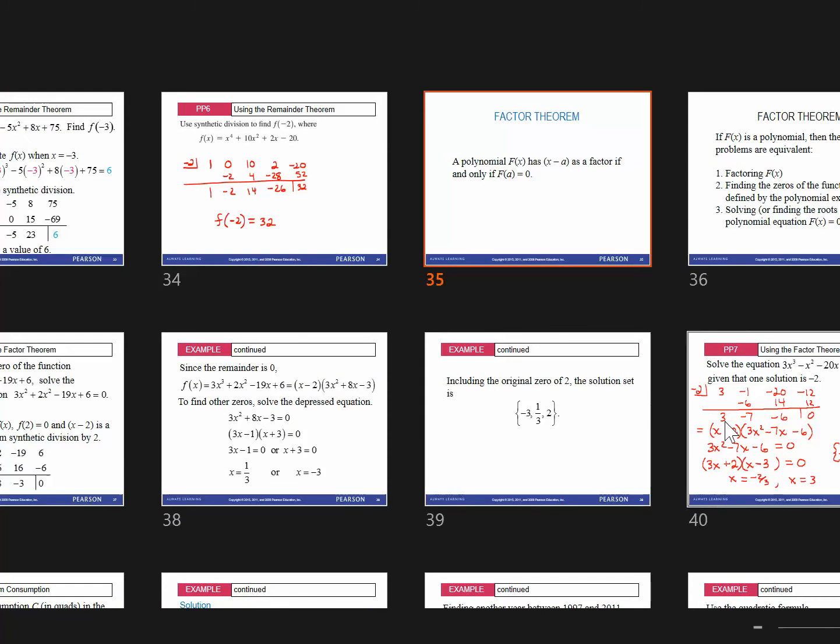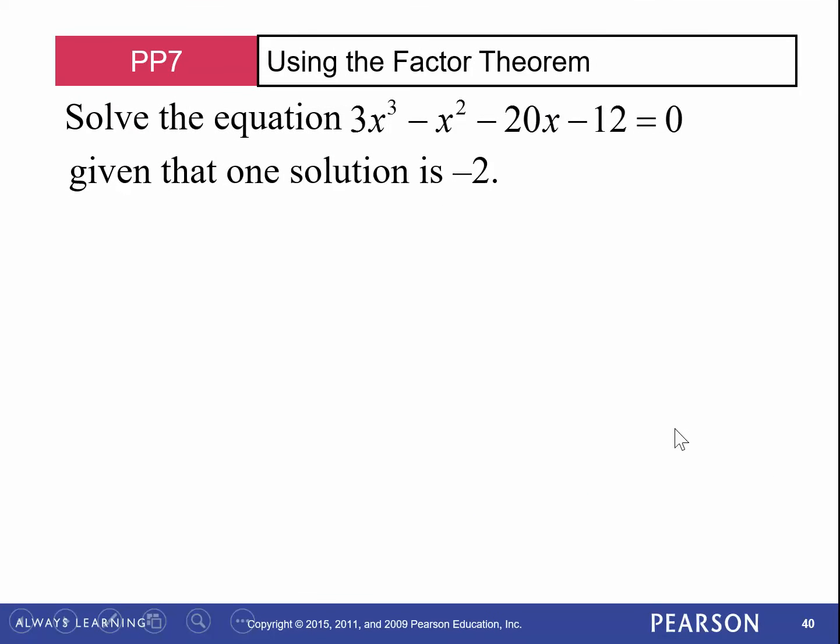Let's walk through this one here. As we do, I think we'll be good. So let's see, can we solve this equation? 3x cubed minus x squared plus 20x minus 12 equals 0. Given that we already know that negative 2 is a solution.